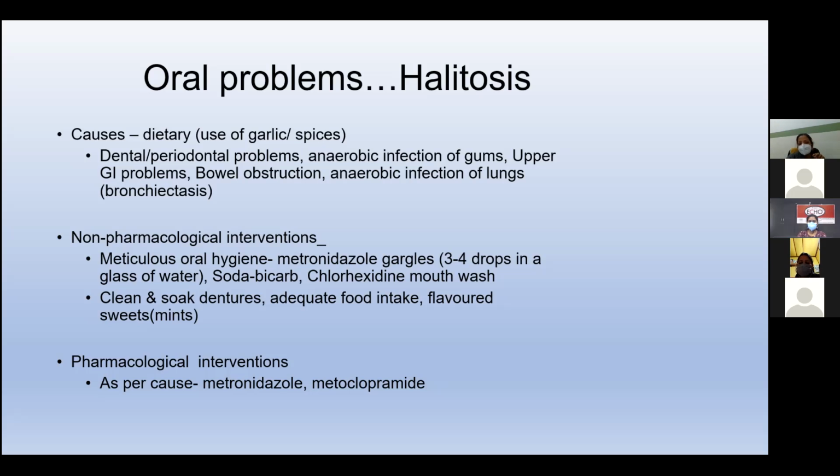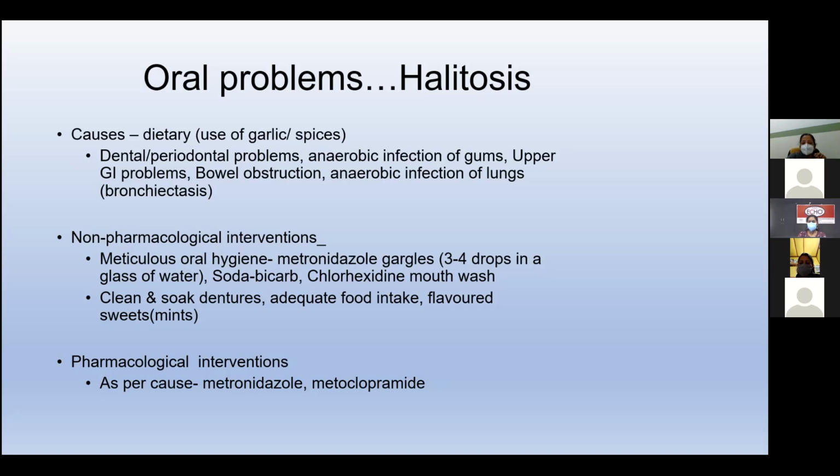If the patient is having dentures, then what? As we take good care of natural teeth, in the same way the patient has to take good care of dentures. If the patient himself cannot do it, then the relatives should be taught how to do it.